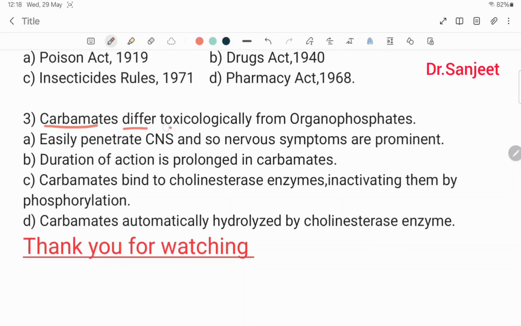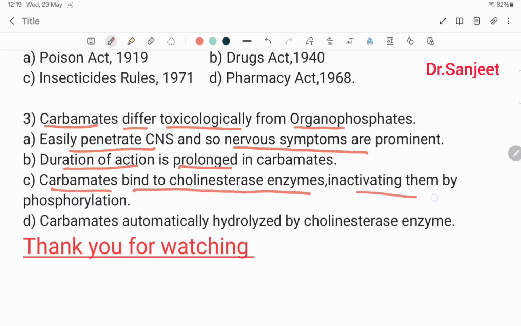Carbamate differs toxicologically from organophosphate: easily penetrates CNS so nervous symptoms are prominent; duration of action is prolonged in carbamate; carbamates bind to cholinesterase enzyme, inactivating them by phosphorylation; carbamates are automatically hydrolyzed by the cholinesterase enzyme.